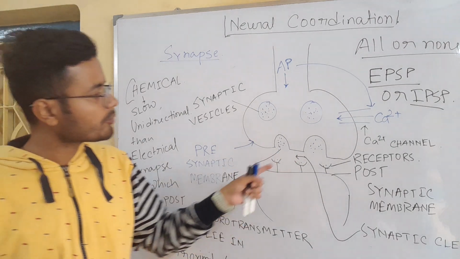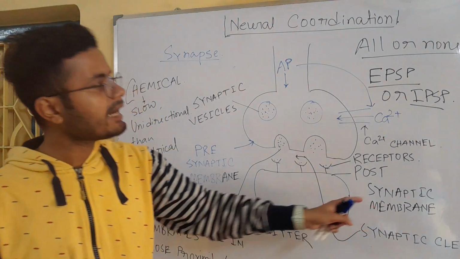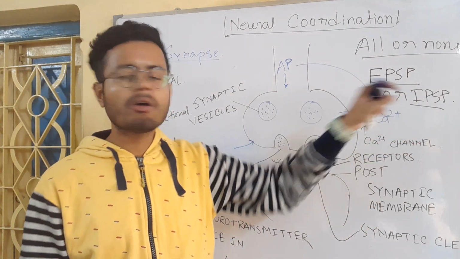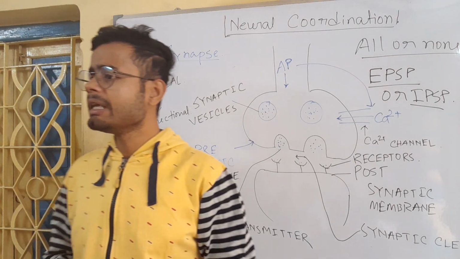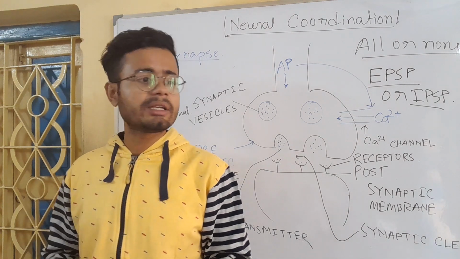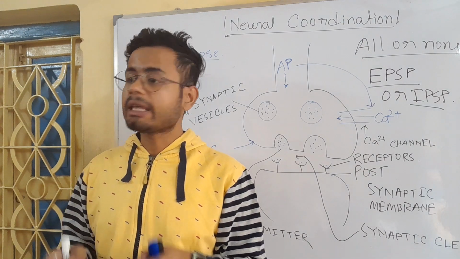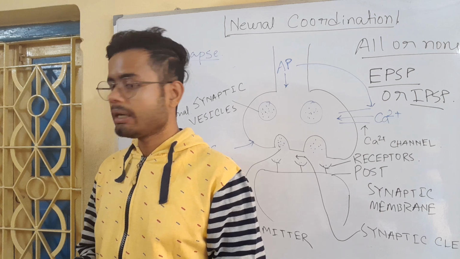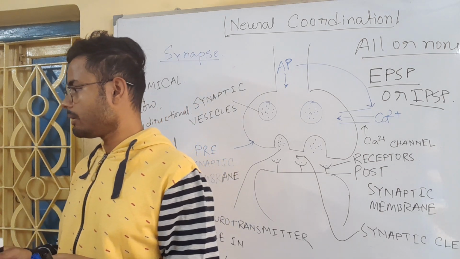The neurotransmitter binds to the receptors present on the postsynaptic membrane, and what would occur? EPSP or IPSP would occur, and in this way the impulse is transmitted from one neuron to another neuron via chemical synapse.